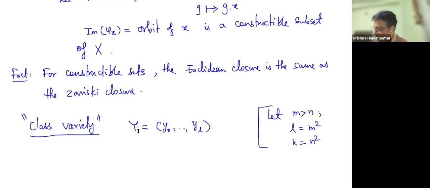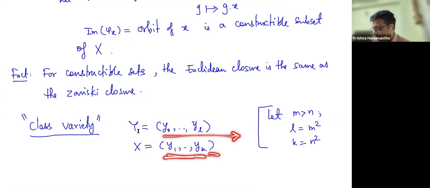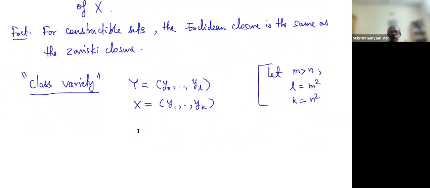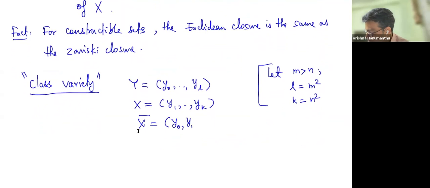So I'll fix this and I'll call it x. Sometimes I will think of this as a row vector, but sometimes I'll think of this as an m by m matrix also. It's a matrix because L is m squared. I either think of it as an m by m matrix or a row vector. Similarly, this is either an n by n matrix or a k vector. And I'll call x bar, just append y0 to this.